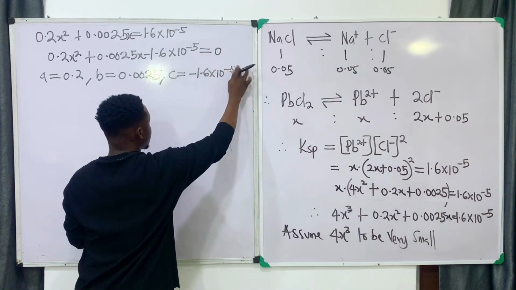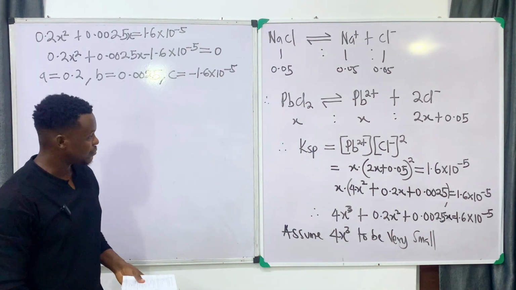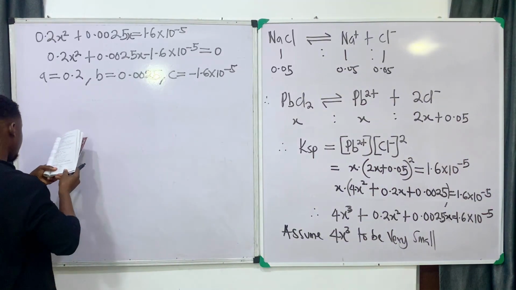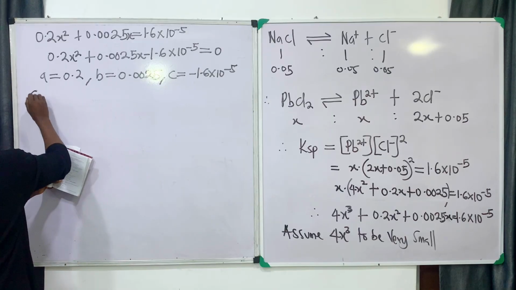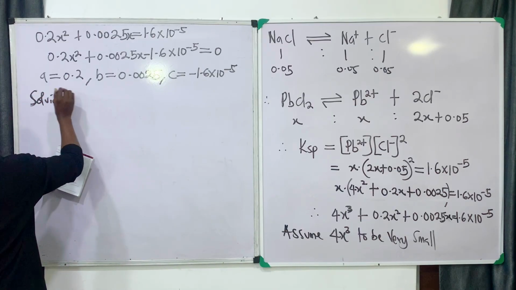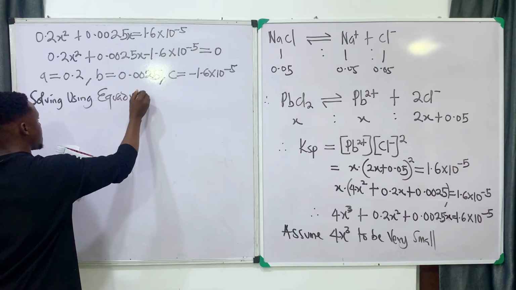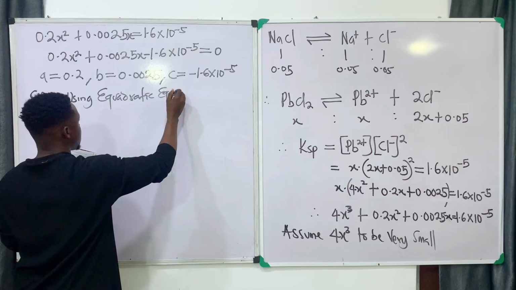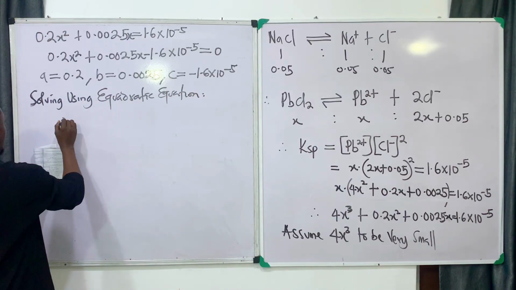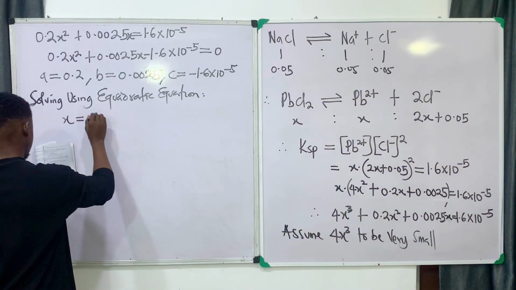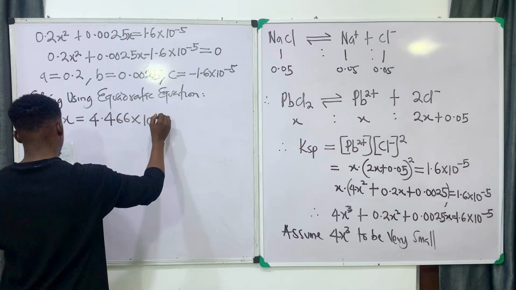Now, if you insert this in your calculator to solve the quadratic equation, using quadratic equation, our x now becomes 4.466 times 10 raised to the power of minus 3.